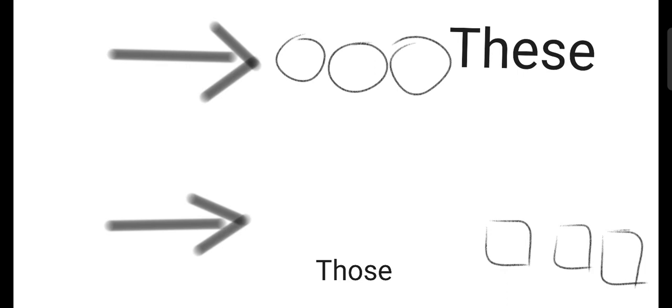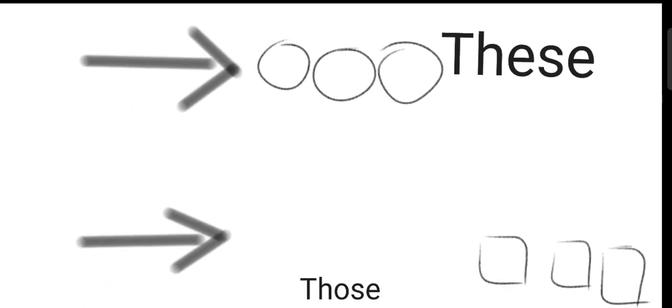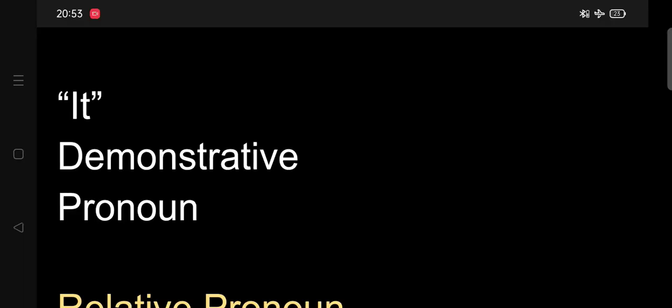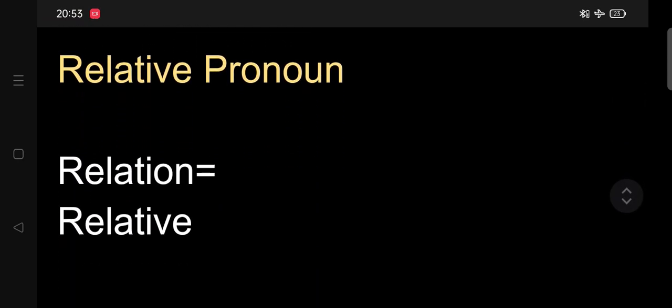So if many circles are there that is near to you, then you will use these are circles. And if the squares are far from you, you will use those are squares. I hope the example looks easy to you. One more thing about demonstrative pronoun is that this word is also under demonstrative pronoun. Next we are going to relative pronoun.